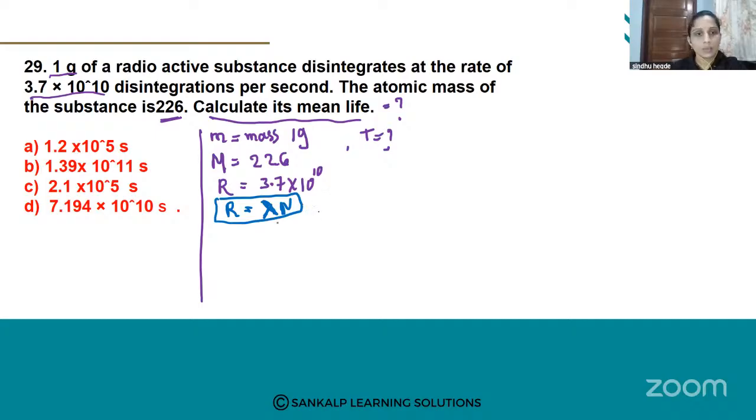Here it does not give the lambda value, does not give the n value. Then how to calculate this? Have they given lambda and n value? No. Then how do you calculate R is equal to lambda n?